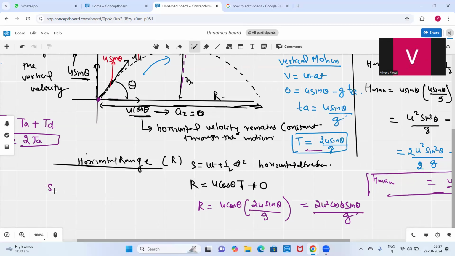We have a mathematical formula: sin 2 theta is equal to 2 sin theta cos theta. So range comes out to be equal to u square sin 2 theta divided by g. This is the horizontal range of the angular projection. So this is all about the angular projection: the horizontal range, maximum height, and time of flight.